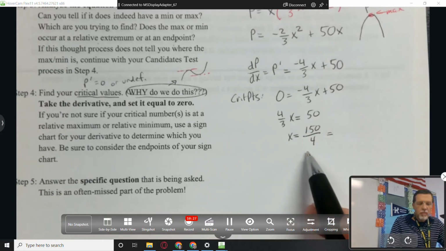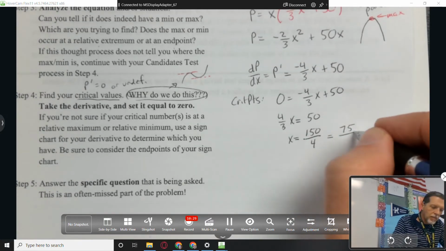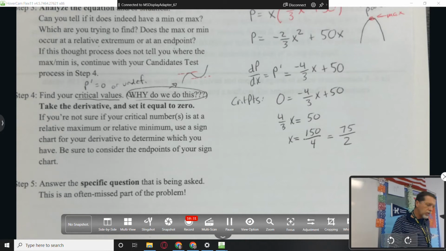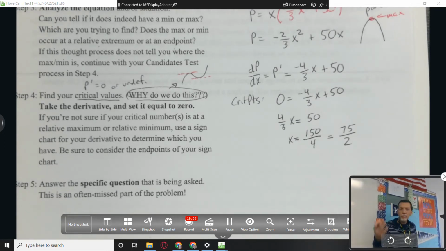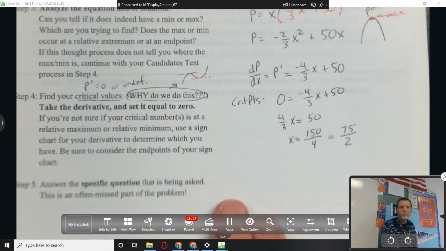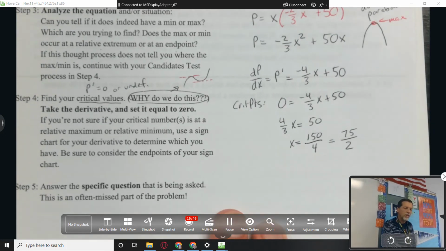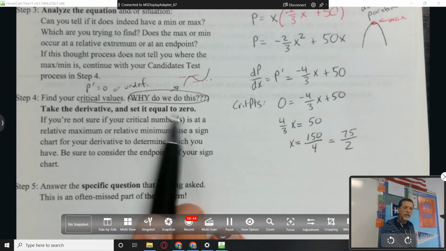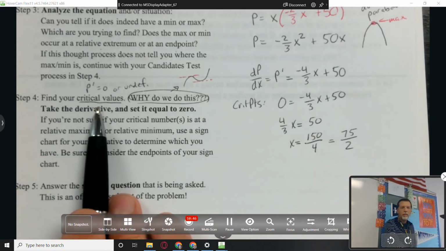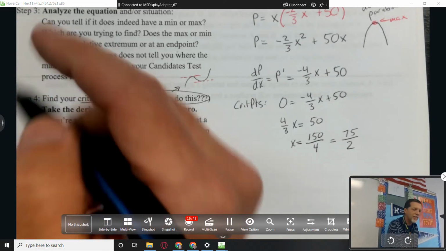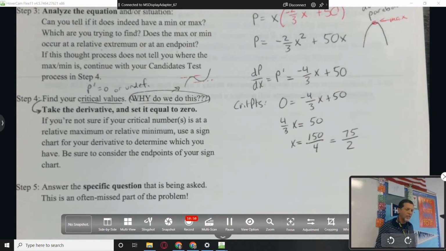That's a safe stop answer, but it's 75 over 2, or 37.5, but 75 over 2 is fine. So that's our critical point. When we say find your critical values, that's the same thing as take the derivative, set it equal to 0.